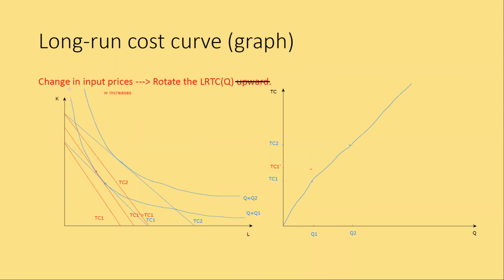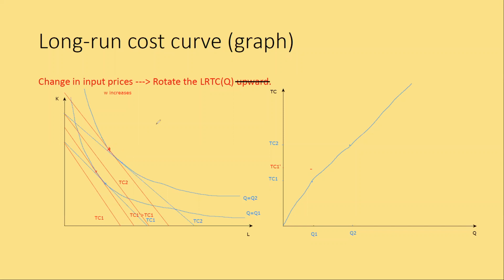So the firm, to solve its cost minimization problem, has to move to a higher isocost line, that is potentially here, and use this new optimal input combination, that is this point I'm marking now.